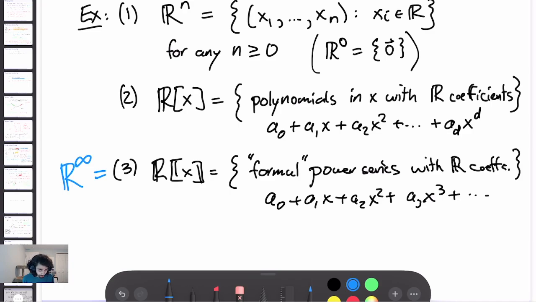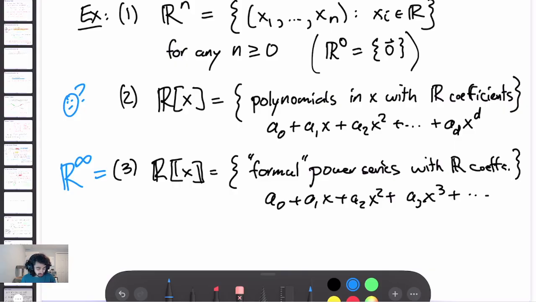But that brings up an interesting point, which is that there are formal power series that don't stop and therefore are not polynomials. This one's worth thinking about a little bit, very much for your own time, and not at all relevant for the direction we're going.